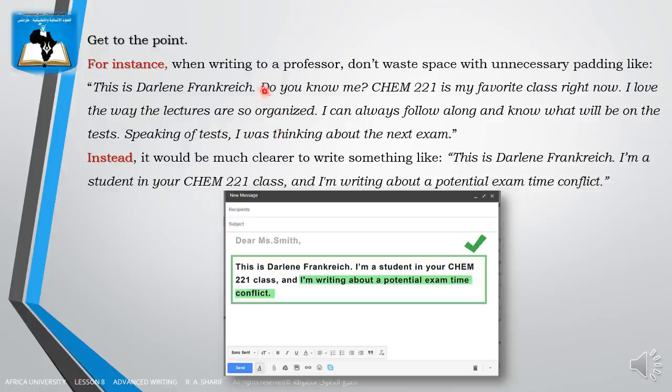Okay, so you need to know that for a formal email, it's okay to be direct, as long as you are polite. Beating around the bush will only lose your reader and make it harder to figure out what you want or what you need from them. So instead of saying all of these, you need just to clarify the point.